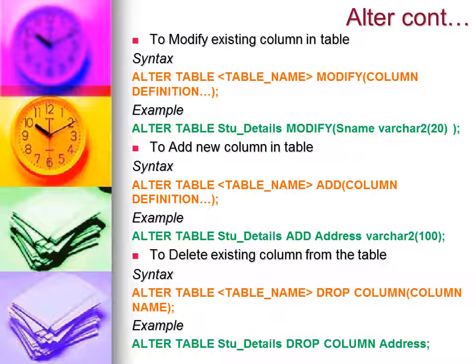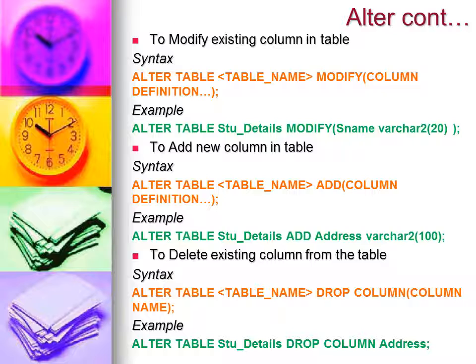Next is to add a new column in a table. In our previous table we have only 4 columns. I want to add the address column in that. For that I can use the alter command. That is alter table, table name, add, within brackets we give the column definitions.